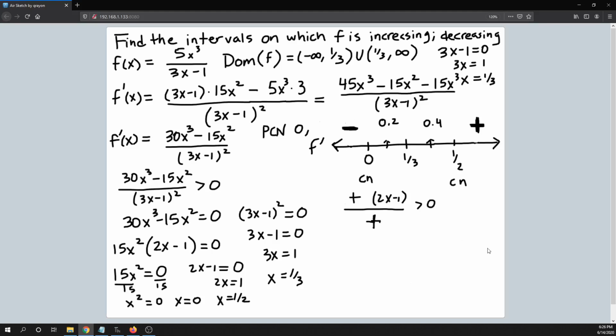All right, so when I plug in the 0.4, I'm going to get a positive number times 2 times 0.4 minus 1 all over some other positive number. Okay, and I want to see whether that's greater than or equal to 0. Well, 2 times 0.4 is 0.8 and 0.8 minus 1 is minus 0.2.